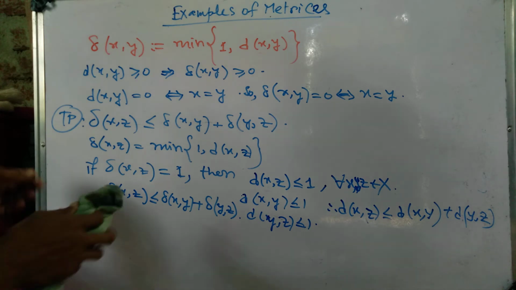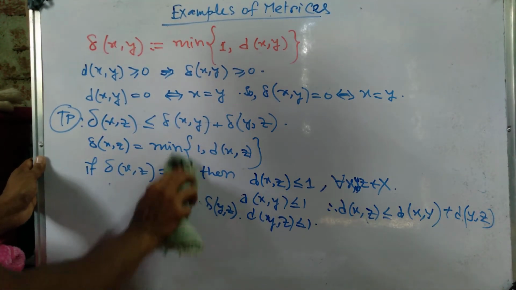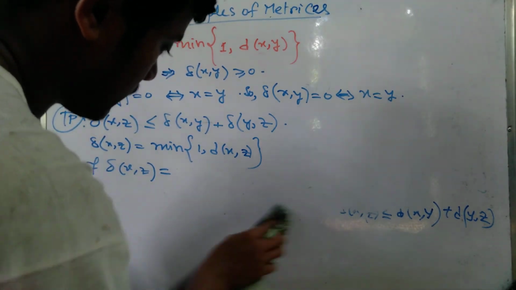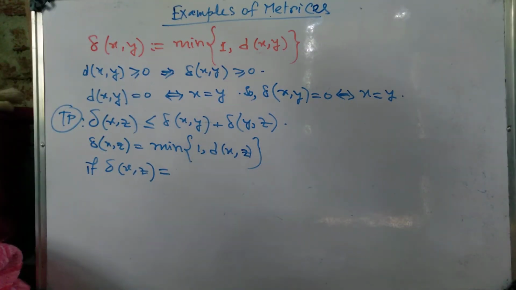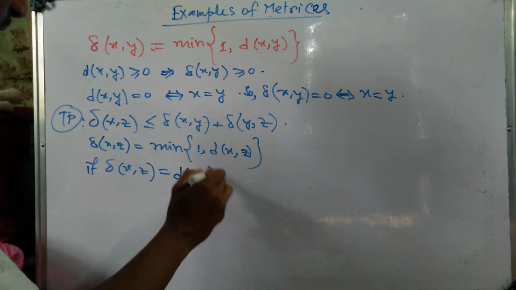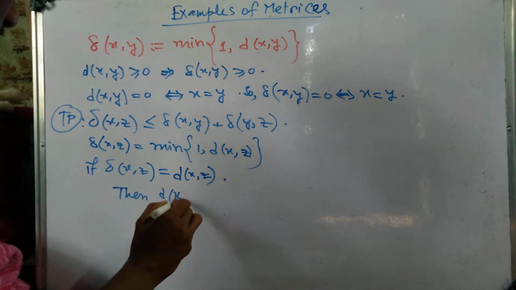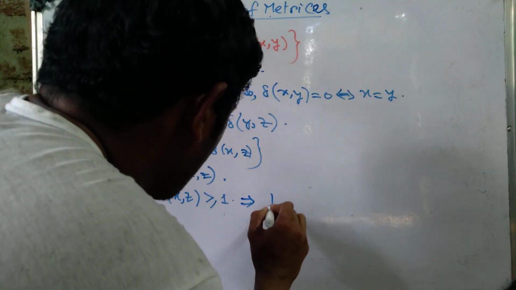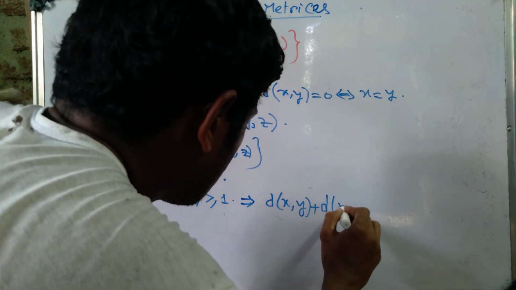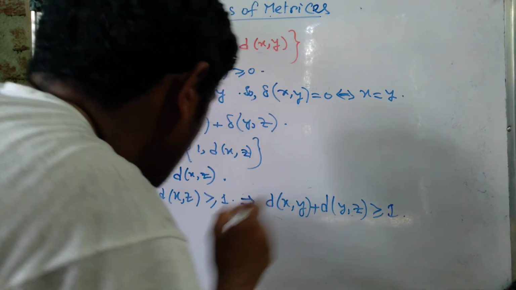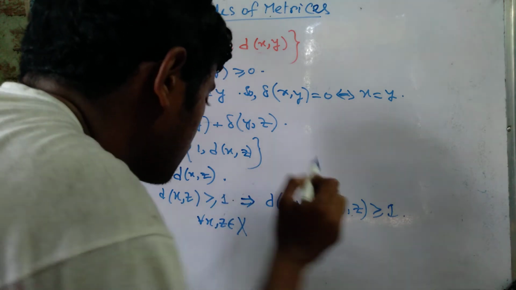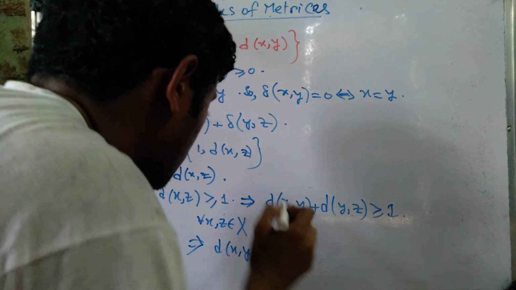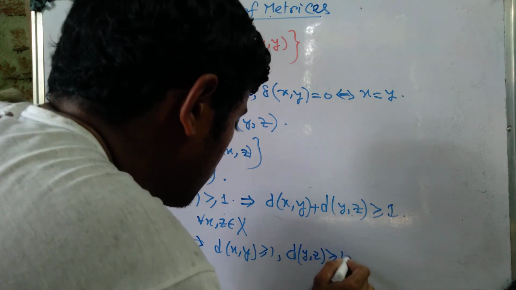Next, if this one equals dxz, then we get dxz is greater than or equal to 1, and obviously dxz is greater than or equal to 1, this implies dxy plus dyz is greater than or equal to 1, for all x, z belonging to X. So this implies that dxy is greater than or equal to 1 and dyz is greater than or equal to 1 also.